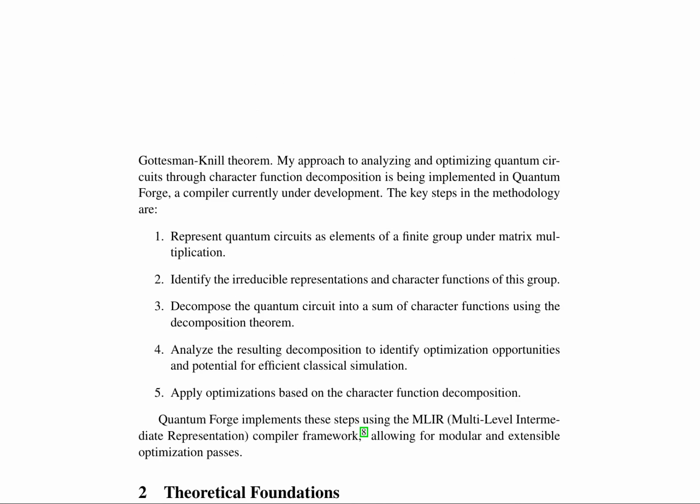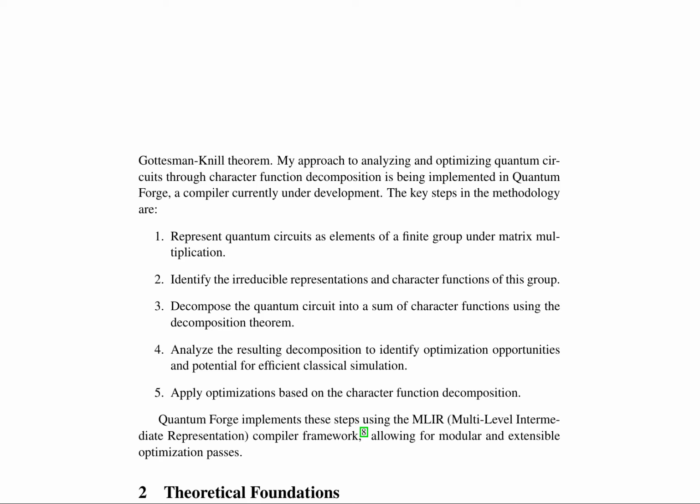The Gottesman-Knill theorem, a cornerstone in quantum computing, serves as the basis for optimizing and analyzing quantum circuits through character function decomposition. This method is currently being implemented in Quantum Forge, a compiler under development.